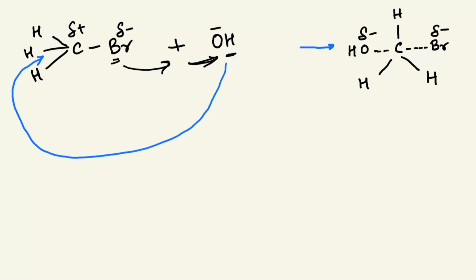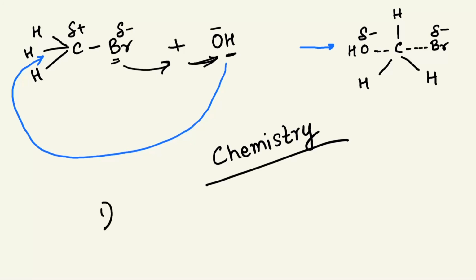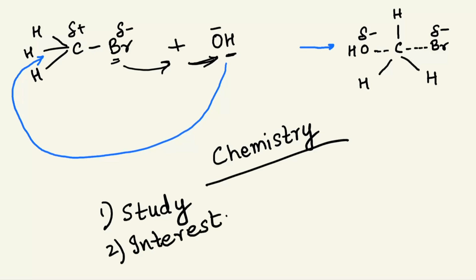Now, what does this lesson teach you about chemistry? Yes, I am not talking about the collision theory. Here, it simply means that you have to study. That means you have to collide with your books, but that collision has to happen with some minimum energy.